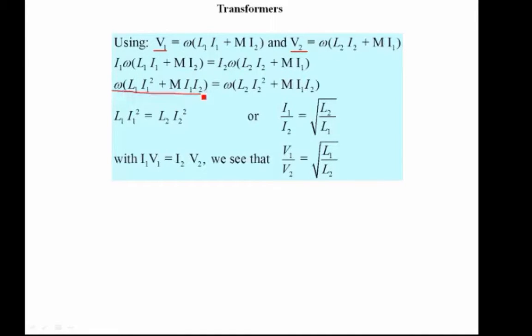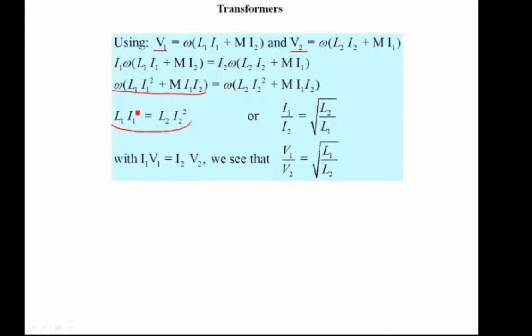So we just put those in. We're multiplying it out, so I1 goes here to give you a square, then there's I1 I2 here, and likewise on this side we have I2 squared, and then I1 I2. What happens, of course, is that this term here cancels this term here, because they both have I1 I2 in them. The omegas cancel, and so you're left with this expression right here.